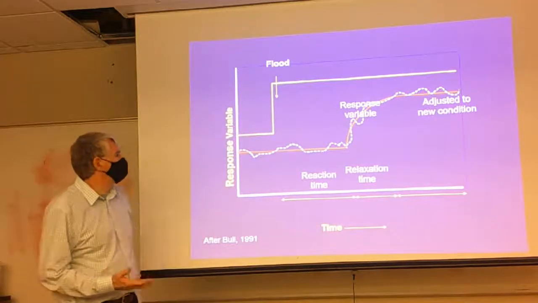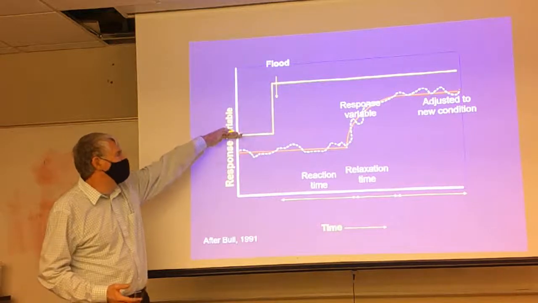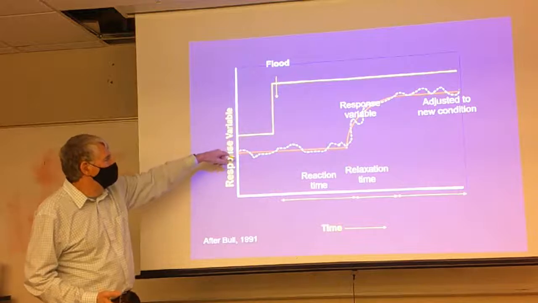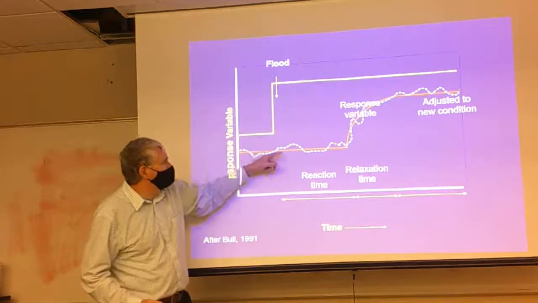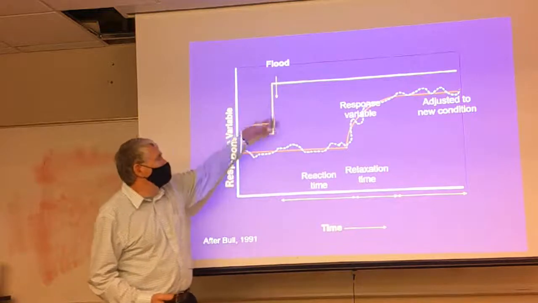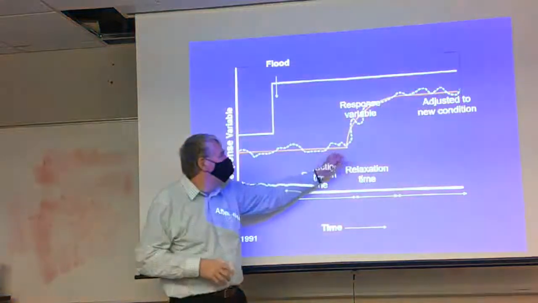The other thing, just really quickly to recognize, this is our response variable. We can say it's channel width, we can say it's channel depth, whatever. This is an equilibrium state, those things changing around some kind of a mean condition. Then say a big event comes through, it's going to make that channel extremely wide.